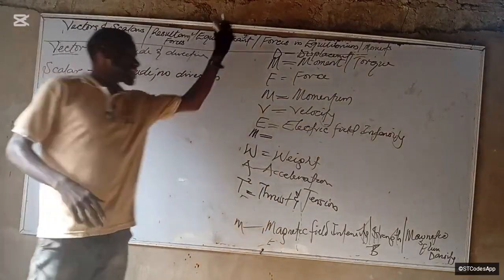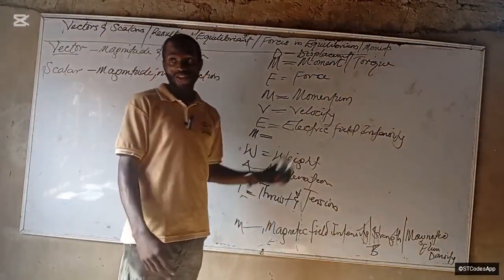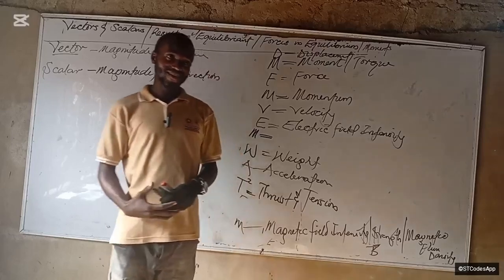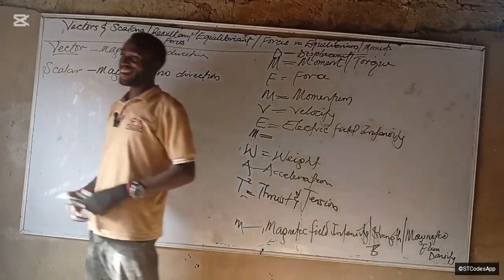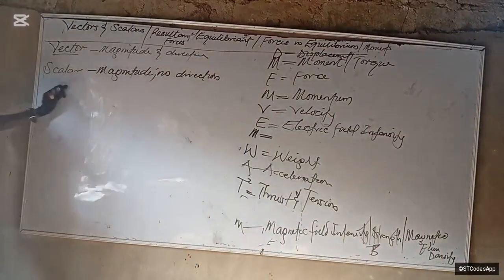So these are the mnemonic for vectors. Any other one you see in your exam that is not here is going to be scalar.